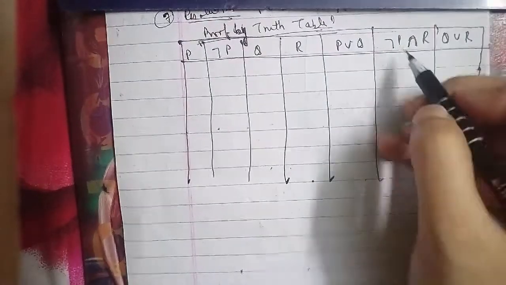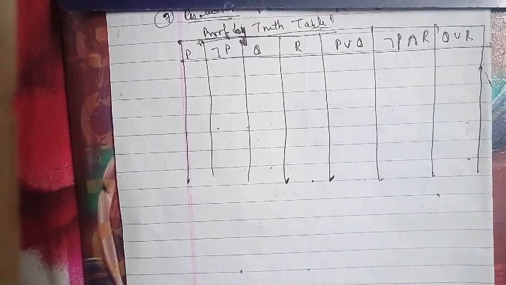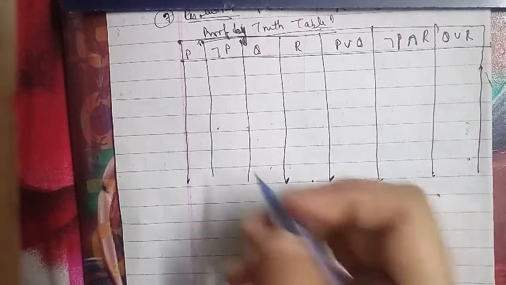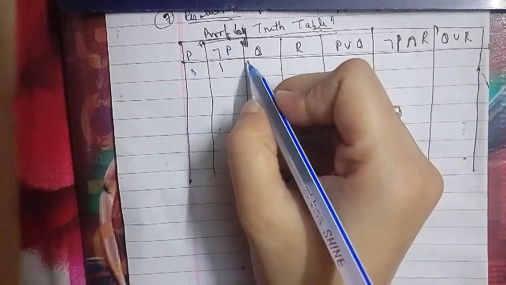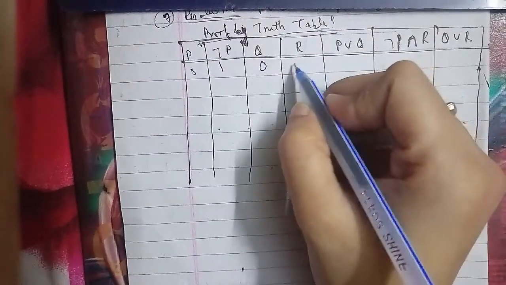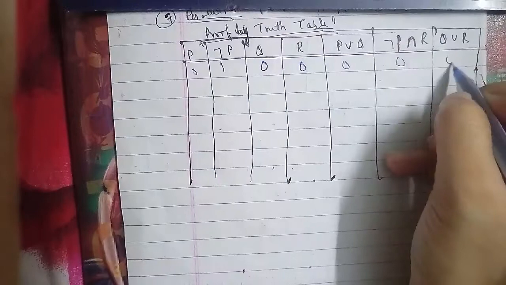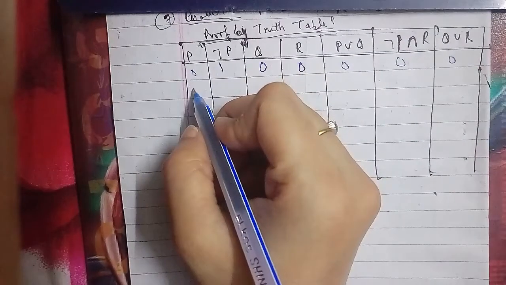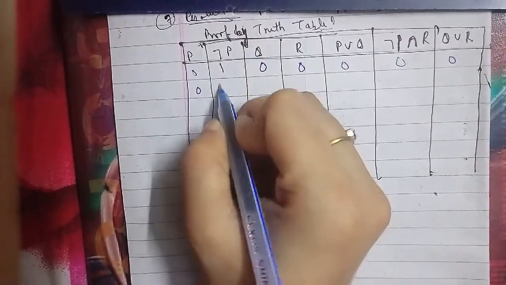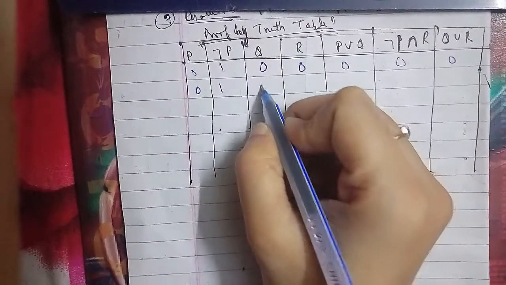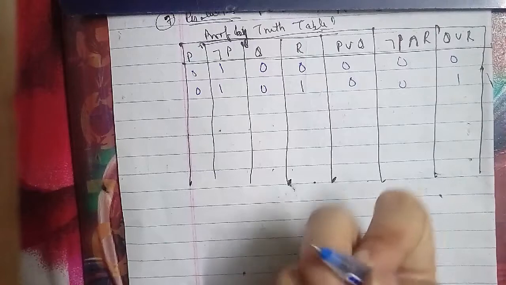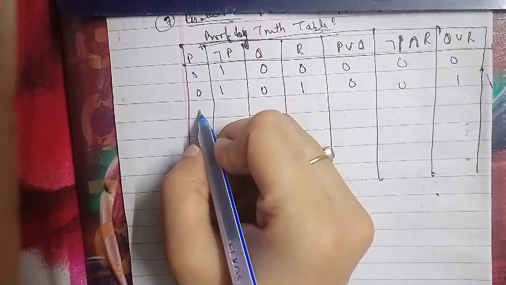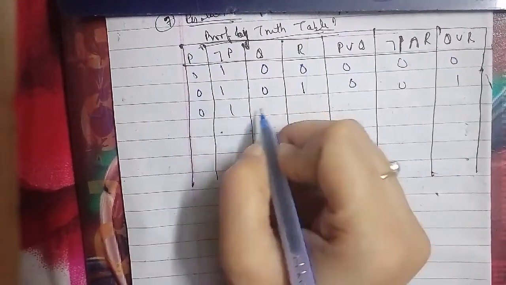Then for another one, that is 1 0 0 1 1 0 1, and then we have 1 0 1 1 0, and then we have 1. Another one we have 1 0 1 1 1 0 1. So this is the truth table for the resolution here.